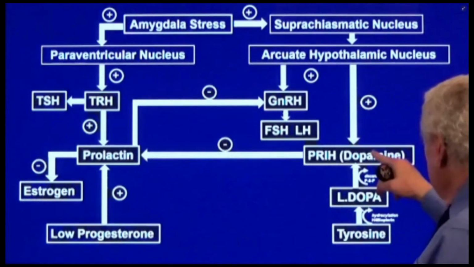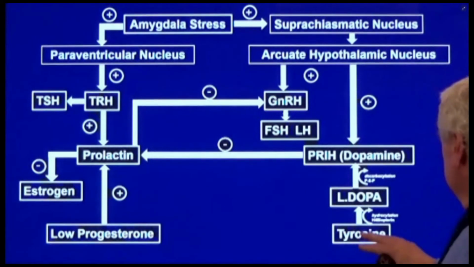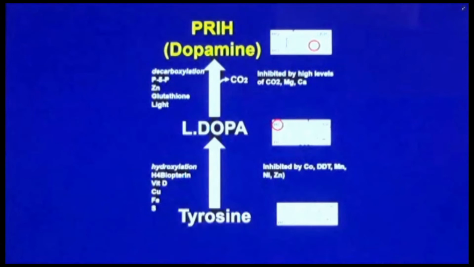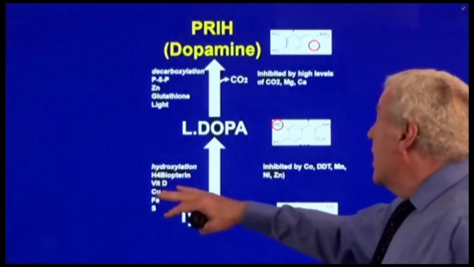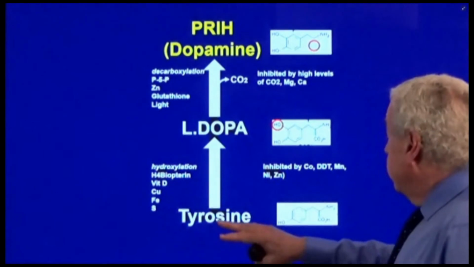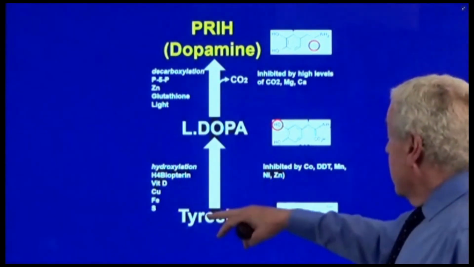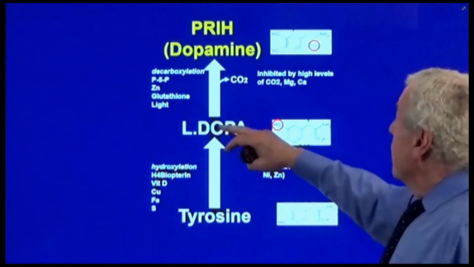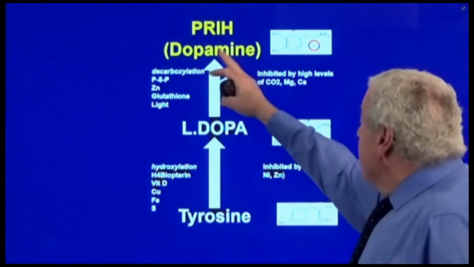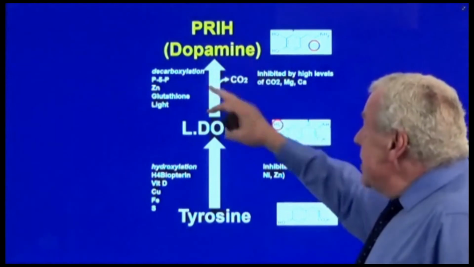And we met earlier that dopamine is made from the amino acid tyrosine by hydroxylation and decarboxylation. So let's have a look at that in a little bit more closer detail. Tyrosine here, we can see, hydroxylation requires tetrahydrobiopterin, vitamin D, copper, iron, and sulfur. It converts by hydroxylation to L-DOPA, and L-DOPA then decarboxylates, or loses the carbon dioxide, to make dopamine or prolactin-releasing inhibiting hormone.